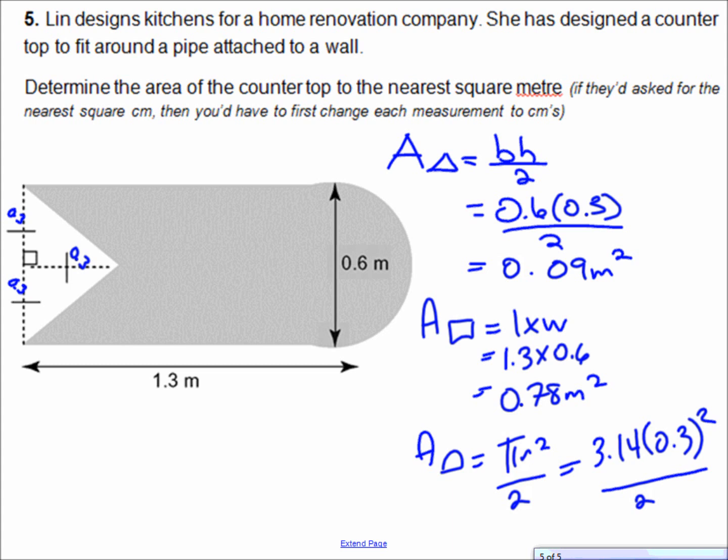So I got 0.14. I actually got 0.1413, but I'll just put the 2 decimal places. So 0.14. Can someone please confirm that? I am just as able to do user error on my calculator as you guys are, right?